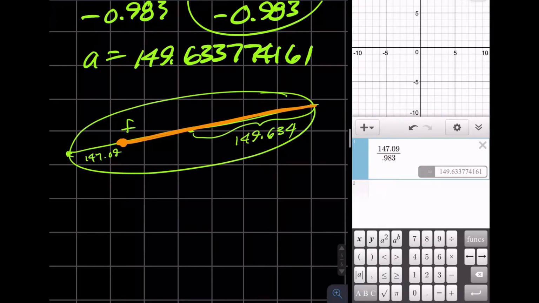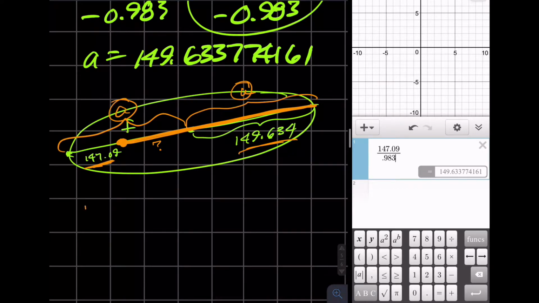So I actually need the orange segment. So I have this guy, but I don't have this part. I could go back and calculate the C value, but couldn't I also do the following? This is A. This is A.